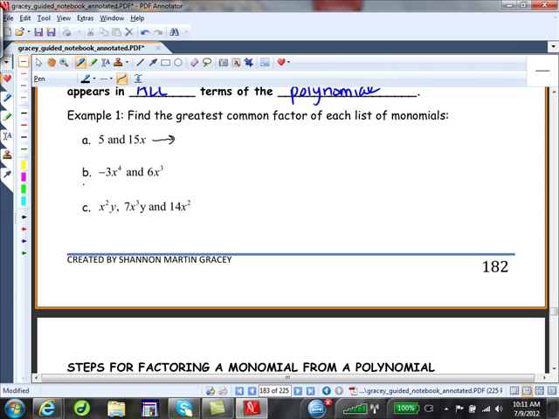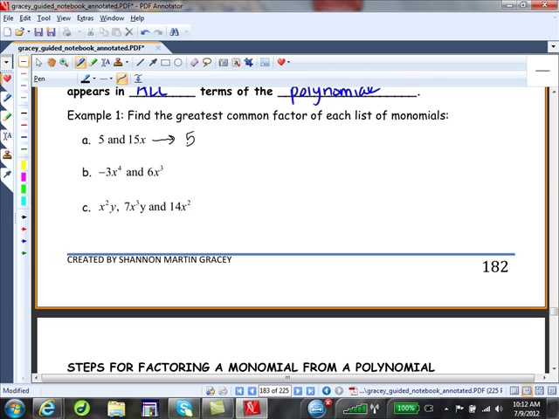Take a look at the constants. What is the largest number that divides both 5 and 15? Good, 5. Now look at the variables. There's no variable in the term 5, and there's an x to the 1 in the term that has 15 times x.